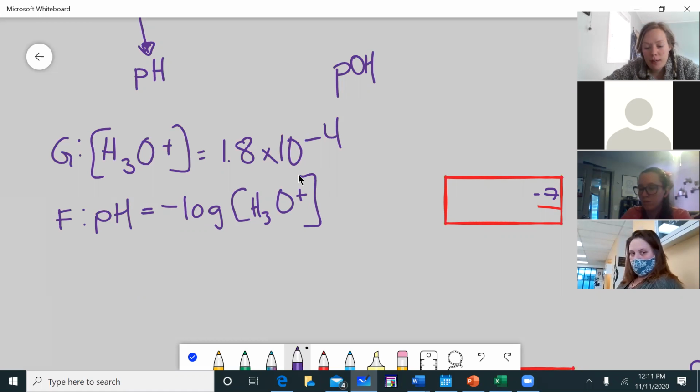Let me know if you're having trouble finding log on your calculator. We're not using natural log, so no LNs. It needs to be LOG. Some calculators, you have to plug the concentration in first and then hit the log. Some you write the word log, or you plug the log in and then you put the number in after. With my cell phone calculator, I have to put the number in and then I hit the log button.